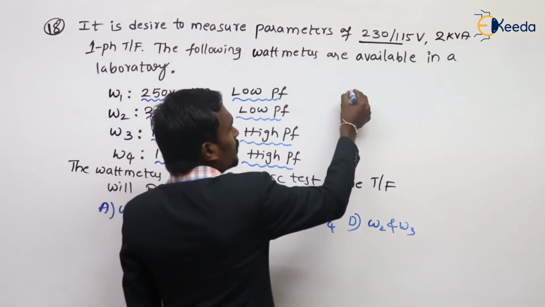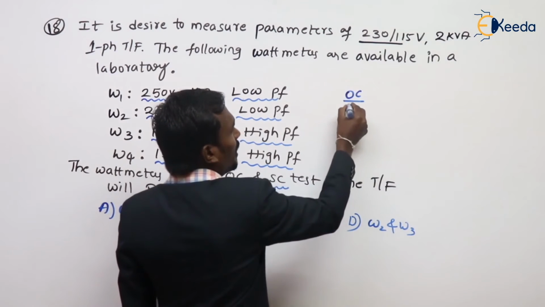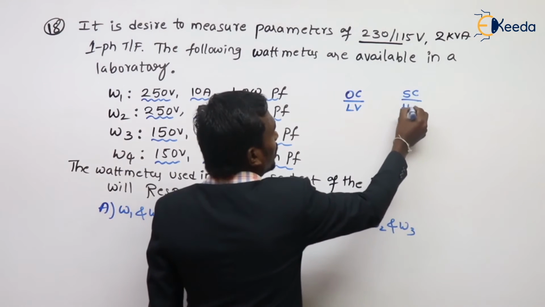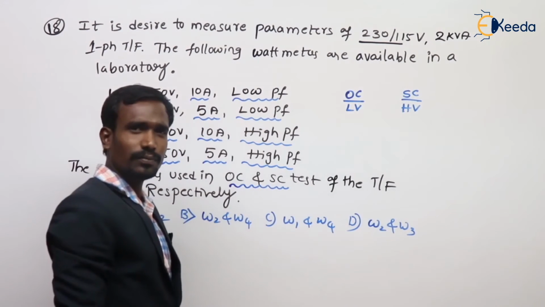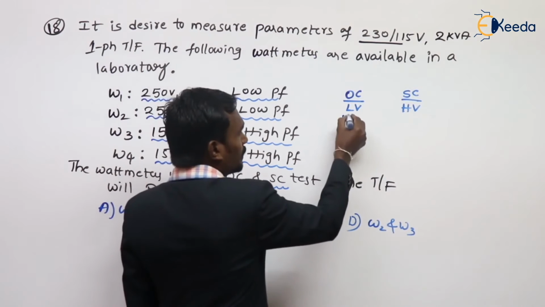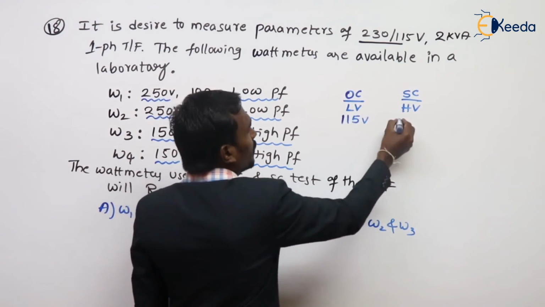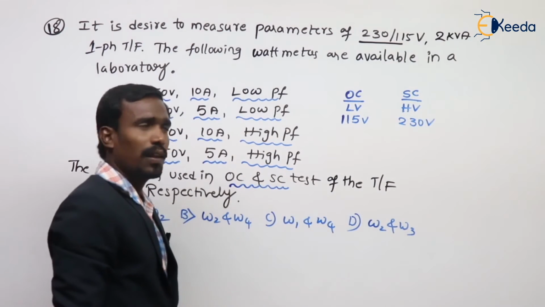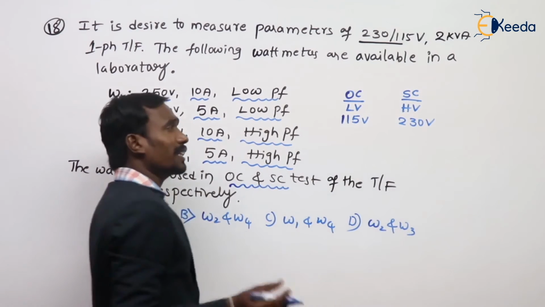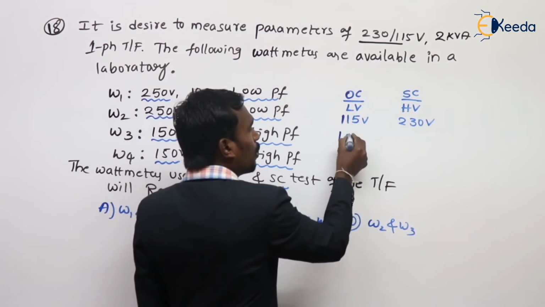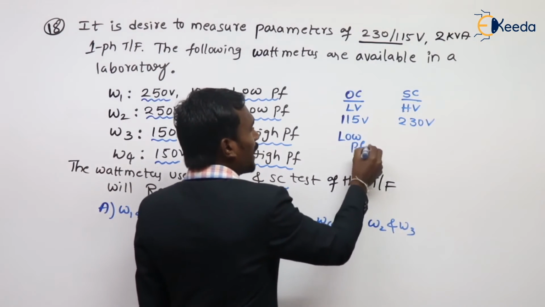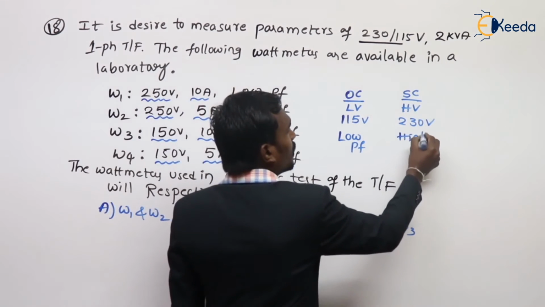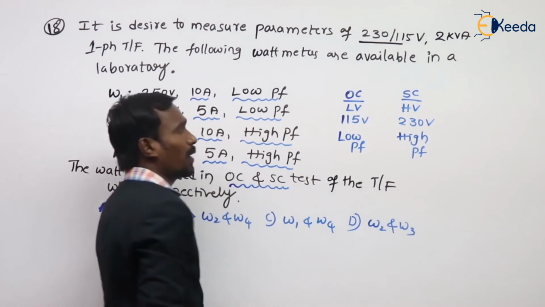See here, generally the OC test is conducted on the LV side and the SC test is conducted on the HV side. Nothing but this is on the 115 volts side and this is on the 230 volts side. In the OC test, the power factor is low, so low power factor is enough. In the SC test, the power factor is high, so we require high power factor.